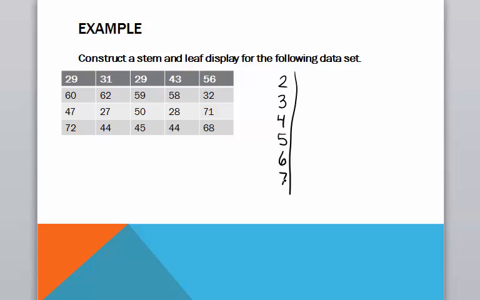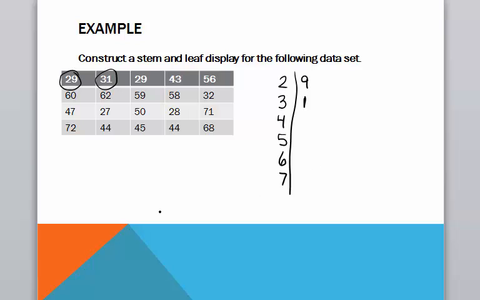Next, we're going to go to each individual data value, beginning with the 29. So the 29 has a stem of 2 and a leaf of 9. And so I'm going to write the 9 right there next to the 2. Our next value is 31, which has a stem of 3 and a leaf of 1.